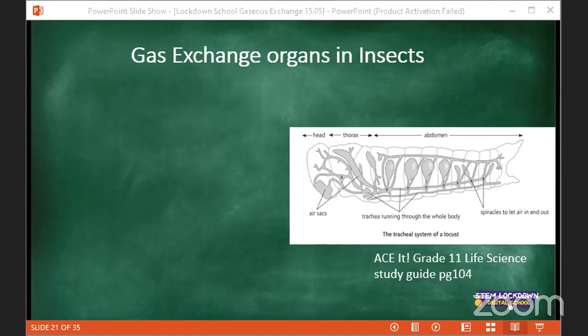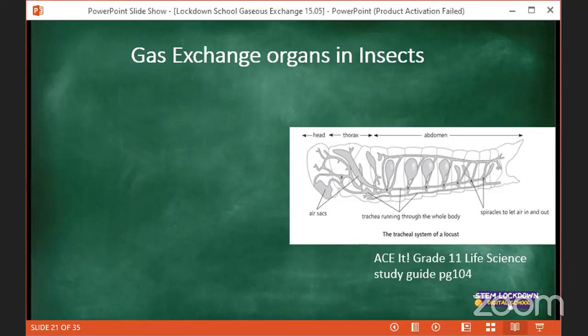Yes, insects do have an exoskeleton, but remember, that is not the differentiation between vertebrates and invertebrates, because earthworms are also called invertebrates, but they don't have an exoskeleton, right? And then another answer is that insects don't have a backbone. So yes, that is basically the differentiation between your vertebrates and your invertebrates: the presence and the absence of a spinal cord or a backbone.